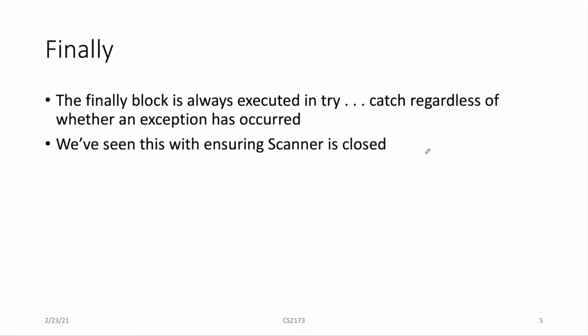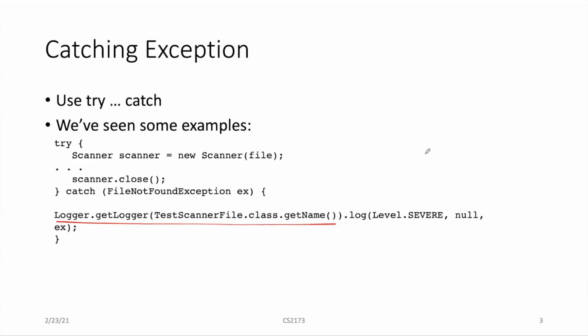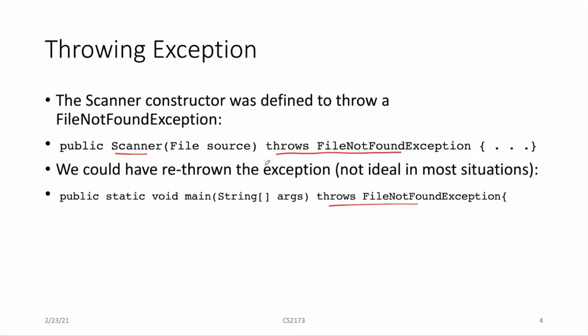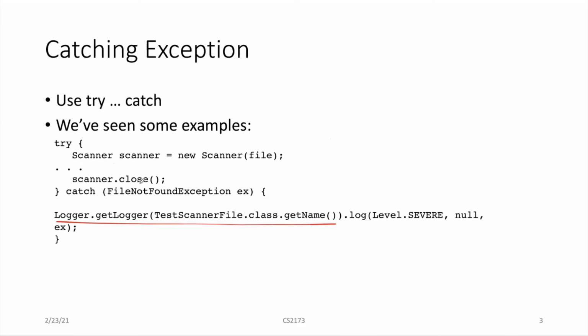What happens in a try catch is that, depending on what happens in the catch, execution may or may not proceed from that point. We simply don't know. The finally block is always executed in the try catch, regardless of whether the exception has occurred. And we've seen that with ensuring that the scanner class is closed. So this code block here, which would be a first cut at it, is not the ideal way to do it.